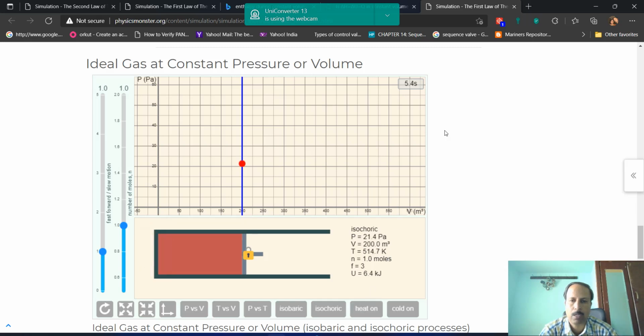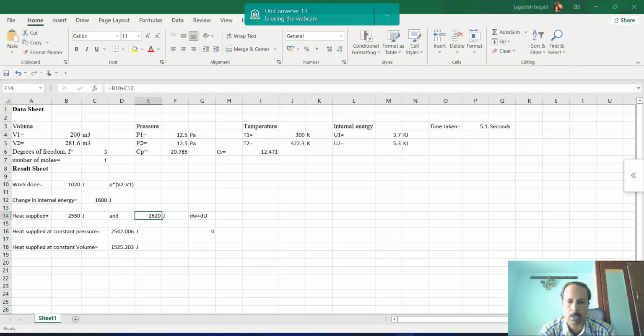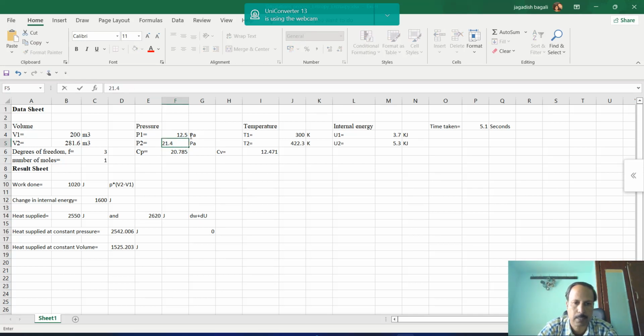Okay, so the time duration is 5.4 seconds now. Now let us note down these values. The new pressure value is 21.4 Pascal. The volume doesn't change because it is a constant volume process.